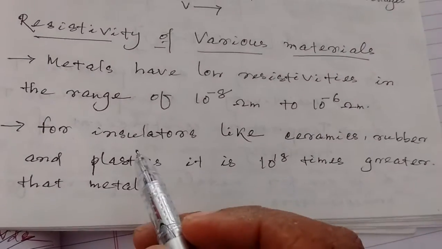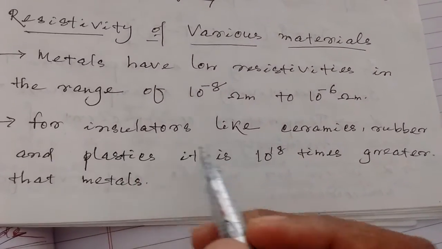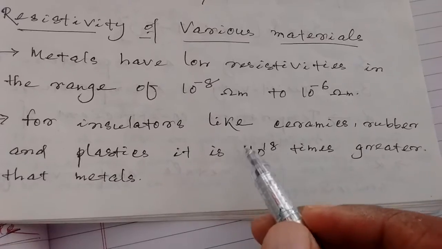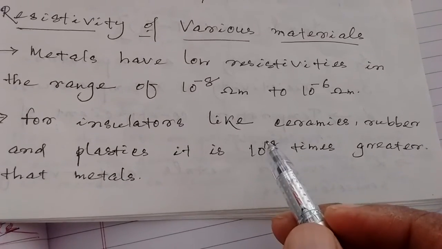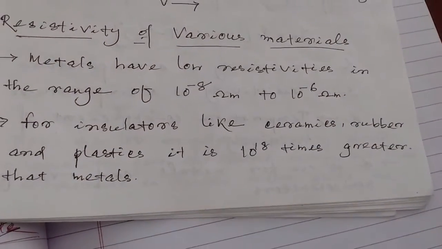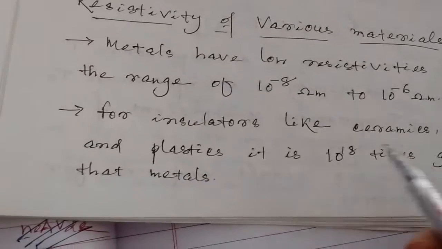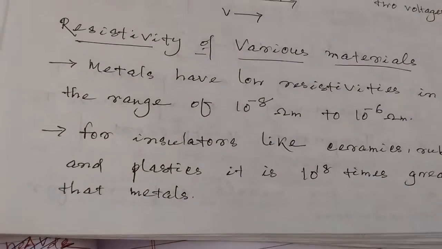Then insulators, of course, they will be having very large value of resistivity. They are of order 10 to the power 18 times of metals. Some insulators like ceramics, rubber, plastics, etc.